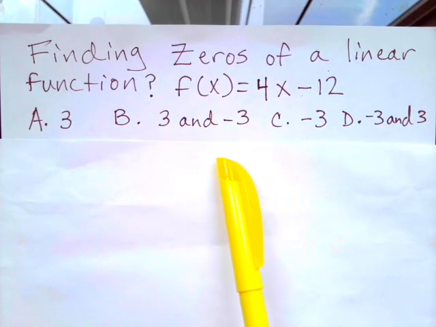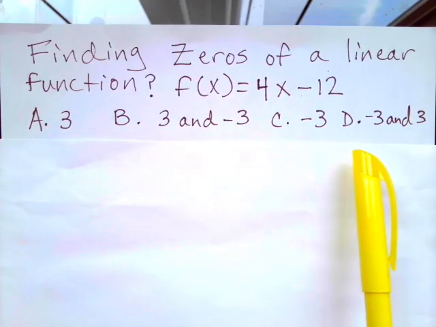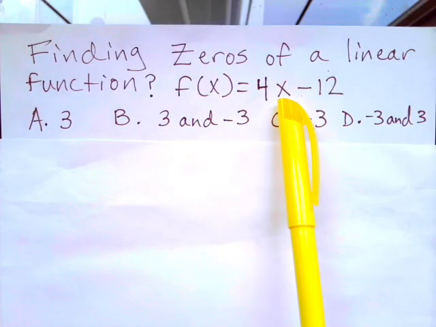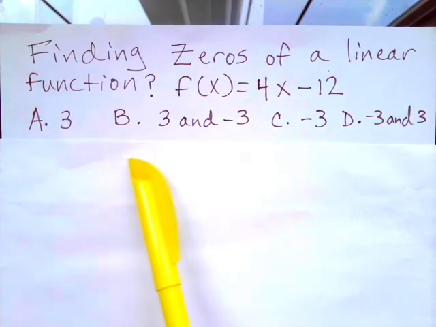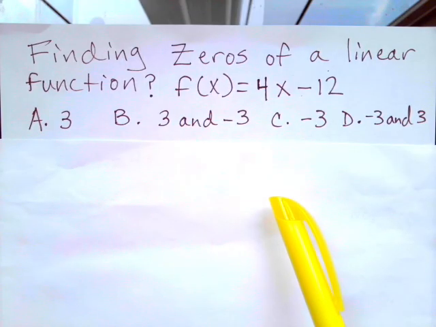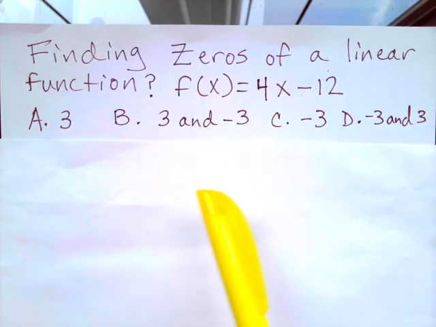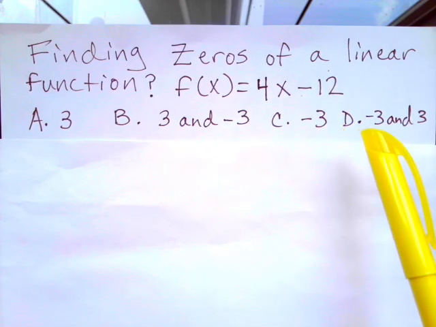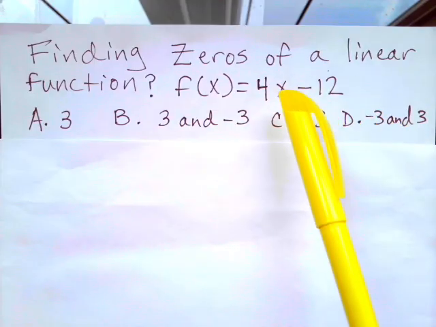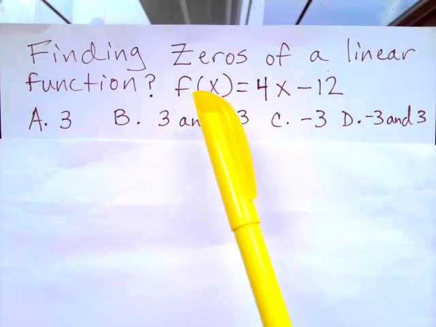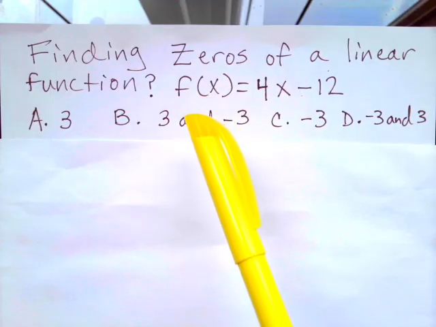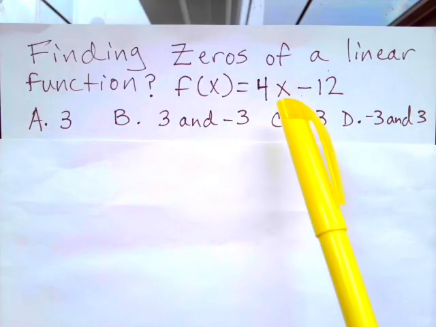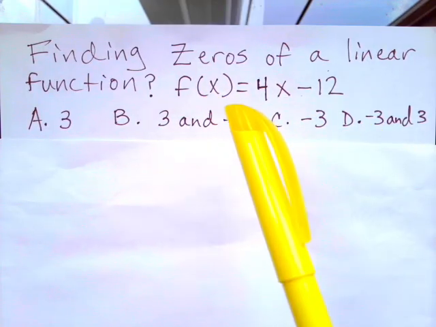There's two ways that we can find our answers, A, B, C, and D. One is we can set f of x equal to 0 and solve for x. That'll give us the answer, A, B, C, or D. The other option is one at a time, substitute these values for x, and whichever statement is true, set f of x equal to 0, and whichever option is true, you will see as a solution.